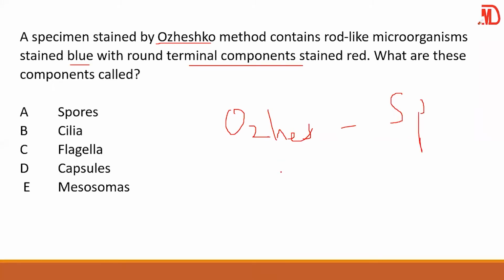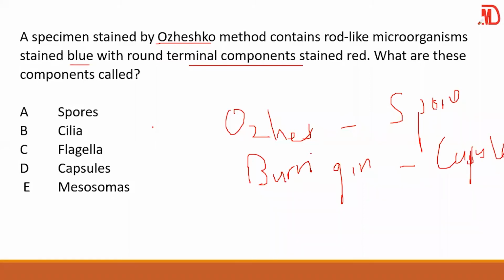Whilst Burri-Gins is for capsules. Again, Ozheshko's method is spores. Burri-Gins method is capsule. Please write that down. So your answer is spore. Some of these you can't explain. It's a method, so I don't know, but it is what it is.